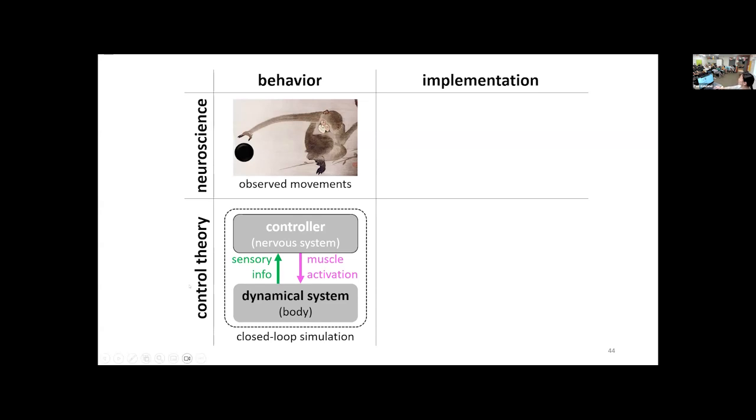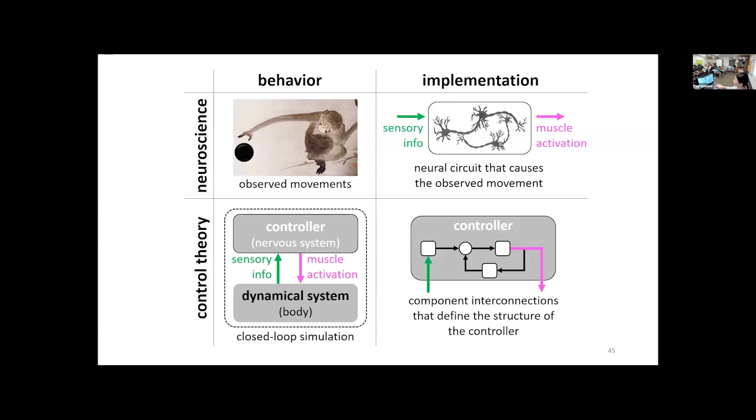Then you make a controller that models that, you do some simulations, and then you try to say something about the overall animal. This last third of the talk, I wanted to look at the right-hand column, which is the implementation. For the animal, that would mean what's going on in the nervous system. What's the neural circuit that causes the observed movement? That roughly translates to how the information flowchart is in the controller.